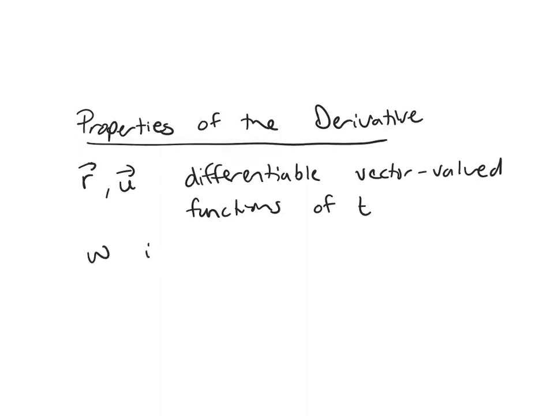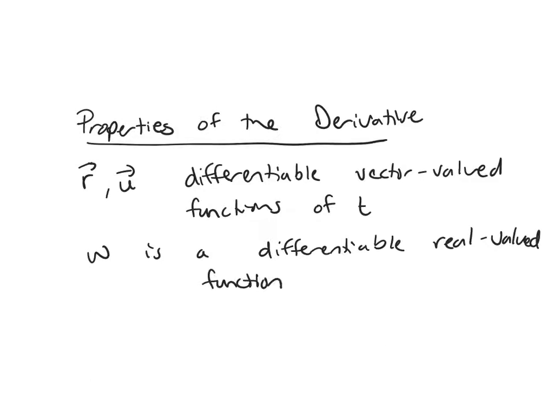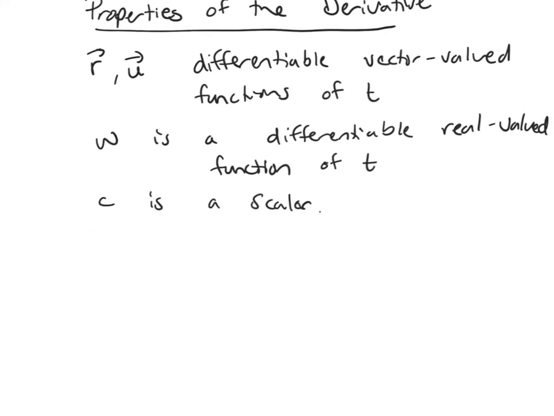W is a differentiable real valued function, so it's just a regular function. And C is going to be a scalar. And so we have the following properties that hold.